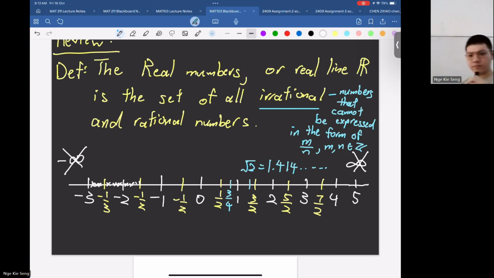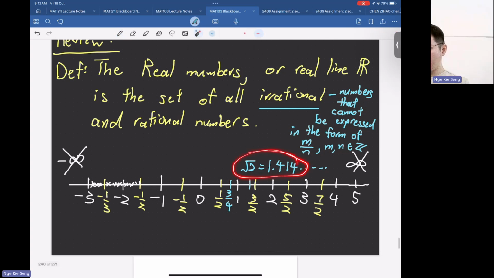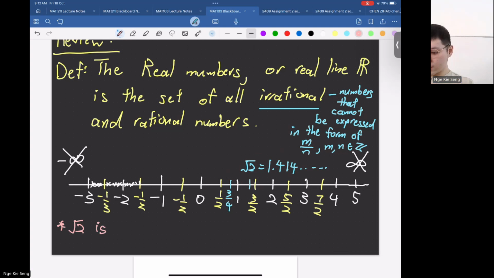Okay. Right. So actually you can imagine how we add this square root 2 here. You can imagine it as a limit of a sequence. We learn sequence, right? Okay, so we can realize this square root 2 as a limit of a sequence. So let me put here, square root 2 is the limit of a rational sequence.